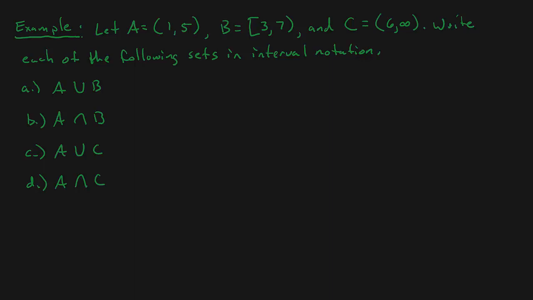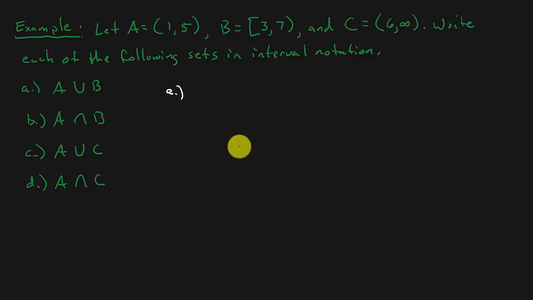All right, so we've got A. Let's do A first. So A, we've got A union B, or you can say A or B. And this, see, that's the union. This is intersection, A intersect B, or you could say A and B.